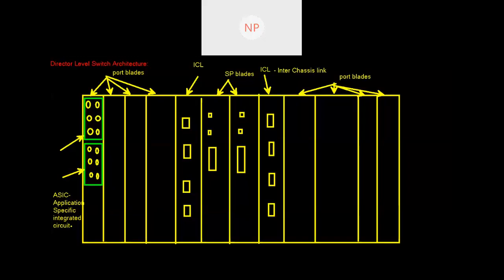So it is a kind of processor which will give compute power to the ports in our SAN switches. So that's it, guys. We'll be having multiple port groups in a single port blade, and like that, we'll be having multiple port blades in a single switch. Any questions?